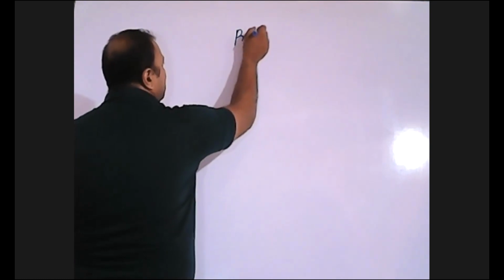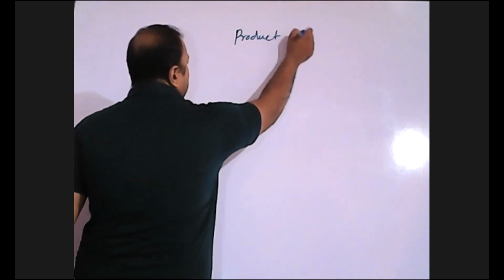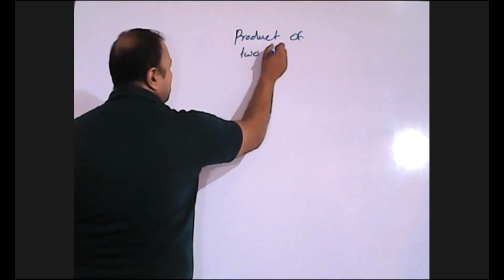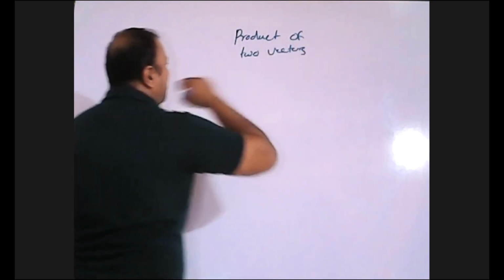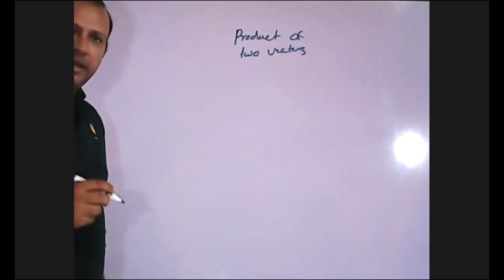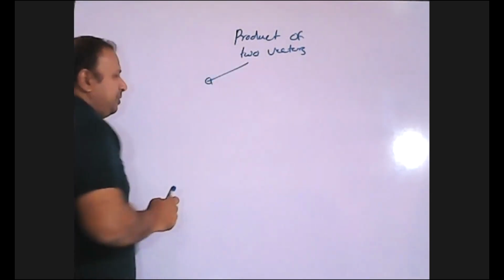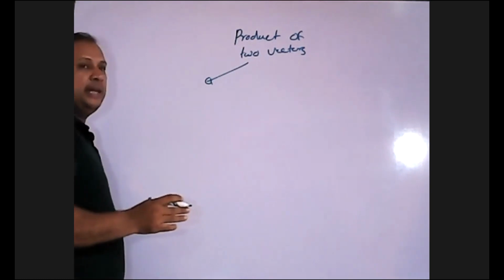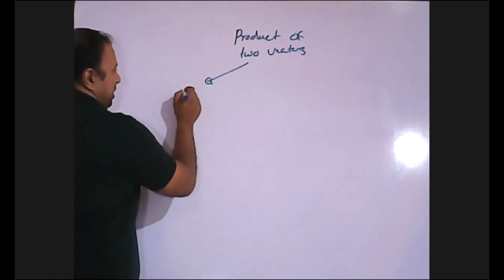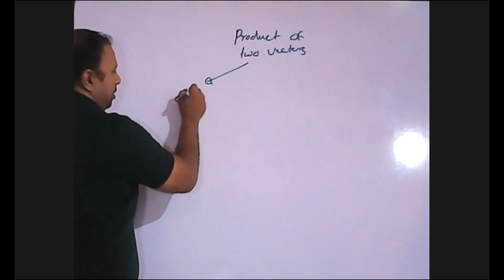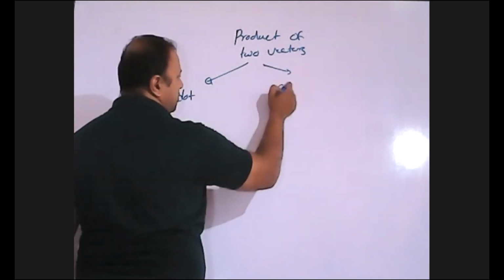Product of two vectors. Actually, if we consider product, there are basically two kinds of product. What are those? Dot product and cross product.